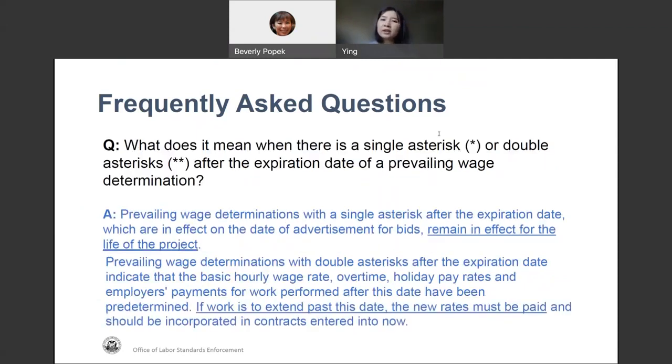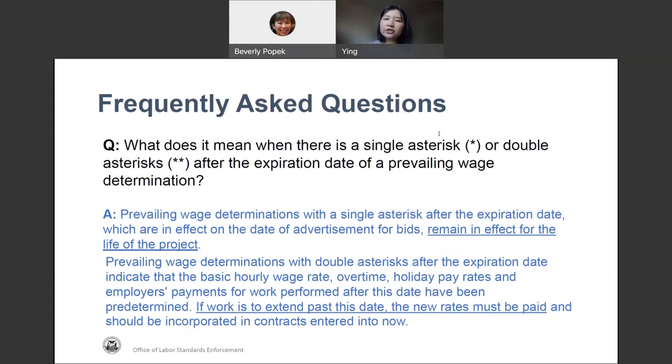So what does it mean when there is a single asterisk or double asterisk after the expiration date of a prevailing wage determination? The answer is the prevailing wage determinations with a single asterisk after the expiration date, which are in effect for the date of the advertisement for bids, remain in effect for the life of the project.